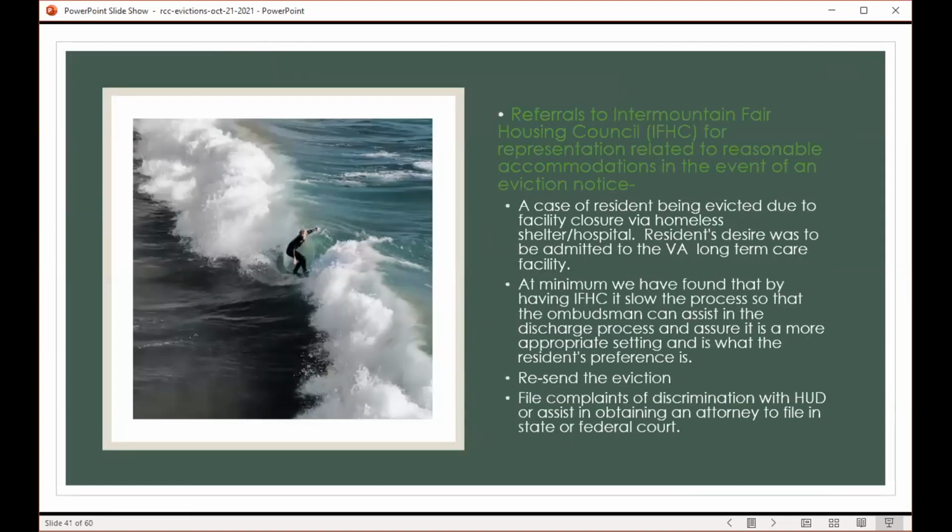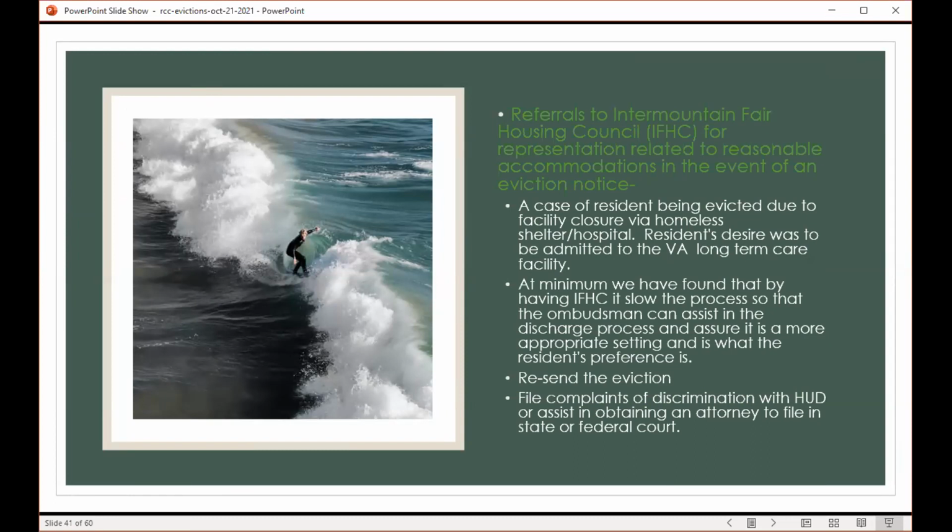Next. Referrals to Intermountain Fair Housing Council for representation related to reasonable accommodations in the event of an eviction notice. It's been a tool that the Ombudsman program has been able to use.